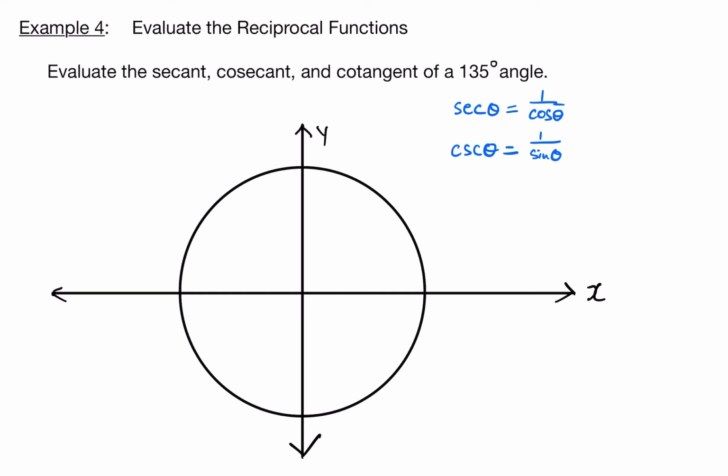And lastly, the cotangent of theta is the inverse of the tangent function, so that's 1 over the tangent of theta. Okay, so now that we've established those relationships, let's go ahead and find out where a 135-degree angle is.